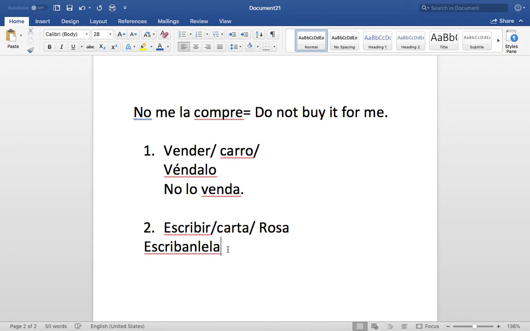Okay, now be careful. This is something else that I have to clarify. You cannot have two L's like that, okay? When you have two L's like that, the indirect object pronoun becomes se. So that will be escríbansela. Escríbansela, okay? You cannot have two L's.